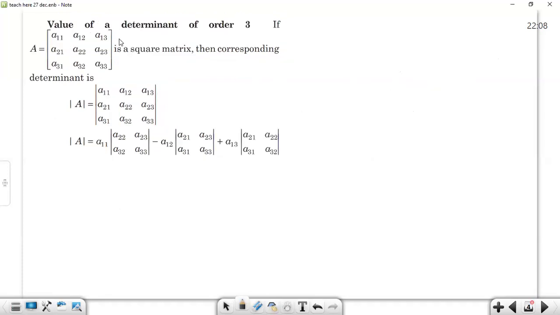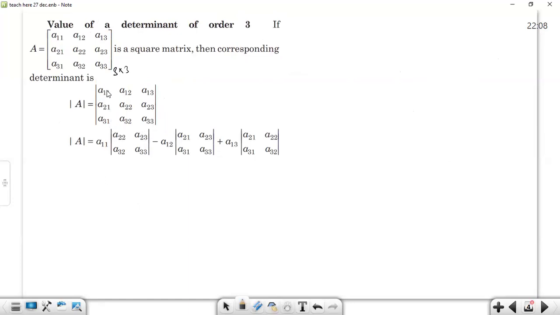Okay, let's move ahead then. Now let's discuss finding the value of a determinant of order 3. Let's say this is the 3 by 3 matrix.